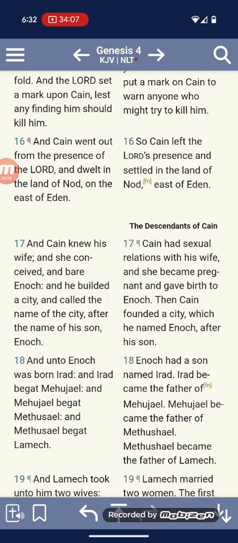So there's another clue of what type of spirit was upon Cain, because instead of being a tiller of the ground as he had been, but because of the curse that was placed upon him, the curse that was placed upon his skin, and because of his brother's blood crying out unto the Lord from the ground, he could not till the ground again, because the ground wouldn't yield to him.